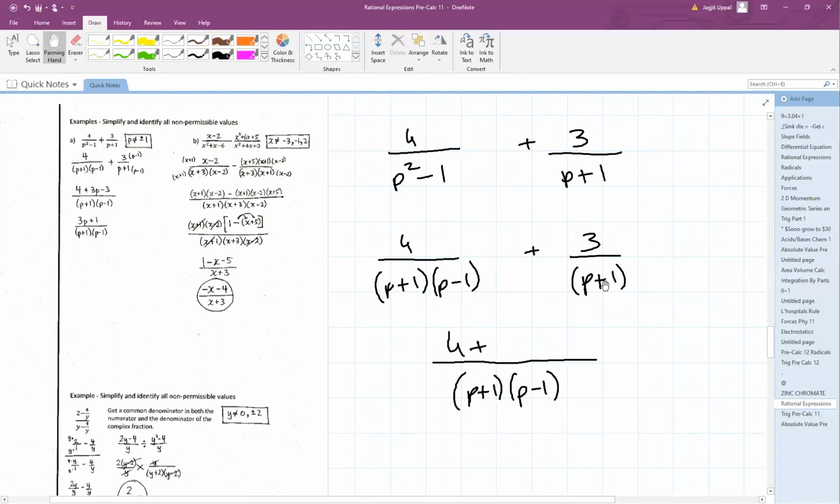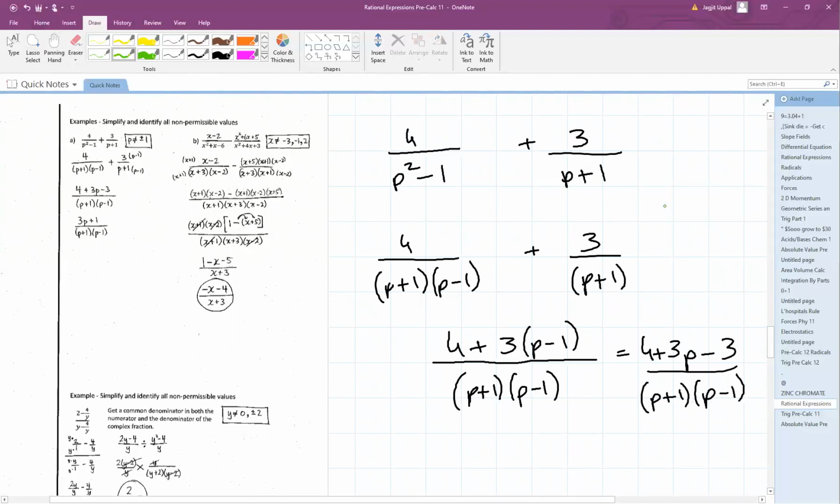This guy had p plus 1, but it was missing p minus 1. So imagine you're cross-multiplying it with p minus 1. So it's going to be minus 1. So this is just going to be 4 plus 3p minus 3 all over p plus 1 times p minus 1.